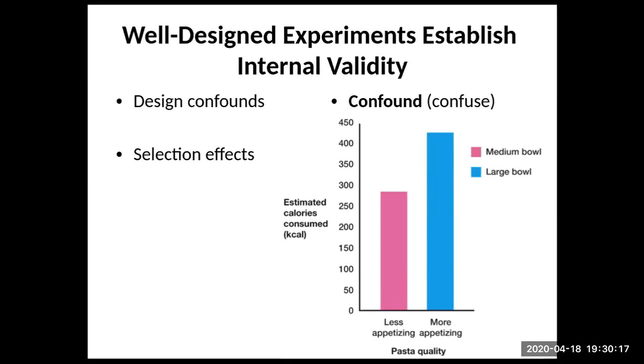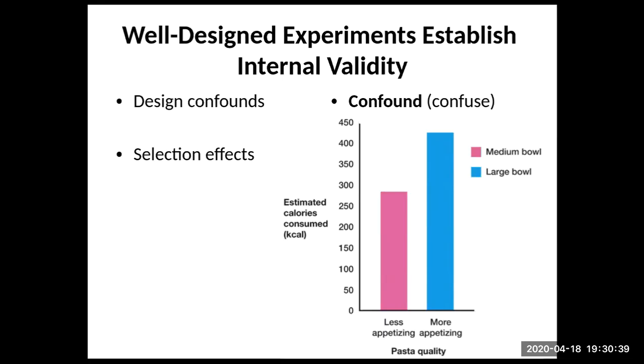Well, here's the problem. Was it because of the size of the bowl, or was it because of the quality of the pasta? Medium bowl seemed to eat less, but also the pasta quality was less appetizing for the people who had the medium bowl. And the pasta seemed to be more appetizing, whatever that means, for the people who had the large bowl.